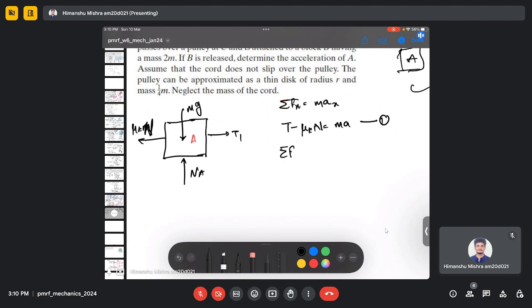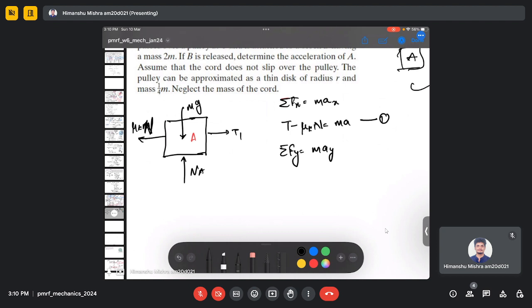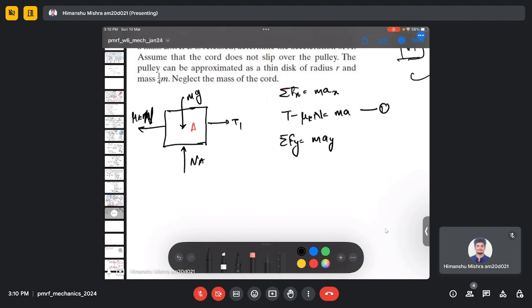And in the vertical direction, we have summation of force in the vertical direction equal to ma, so here we will get N equal to mg. So we can put equation 2 in equation 1. Basically we can write equation 1 as T minus mu k mg equal to ma. This is my equation 1b.